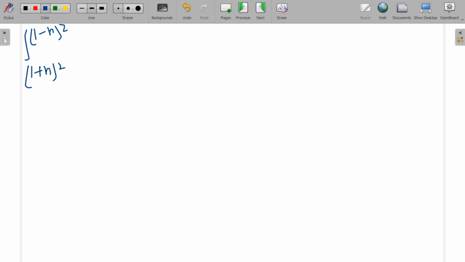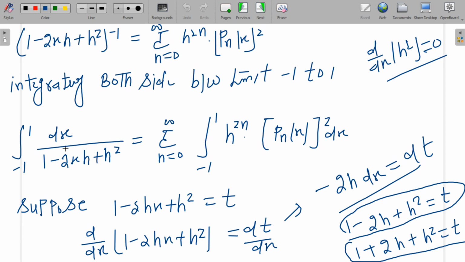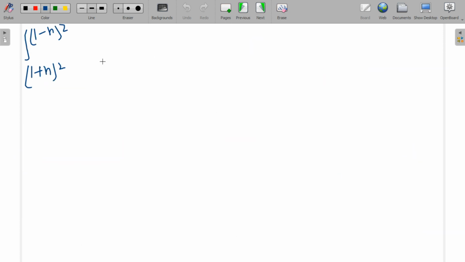And the remaining part of the integral is -1 upon 2h, dt upon t, is equal to the right hand side.